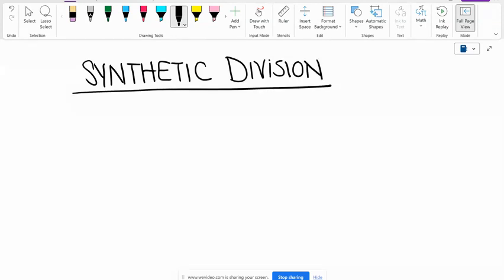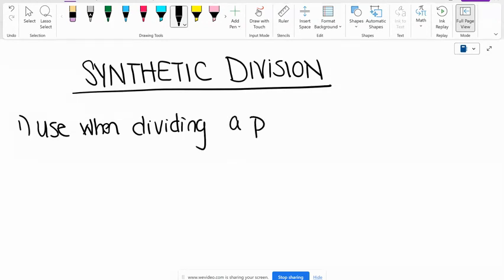All right, so first I'm going to list out when we use synthetic division. We use it when dividing a polynomial by a binomial.